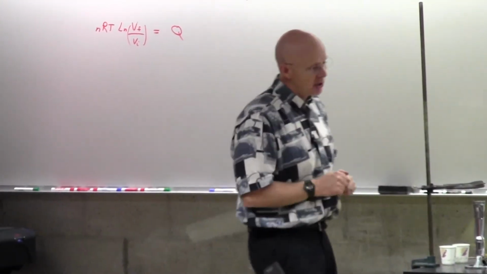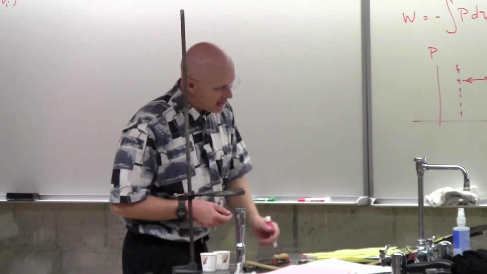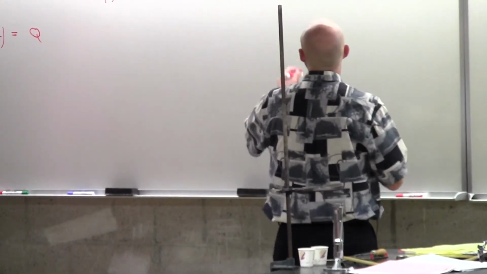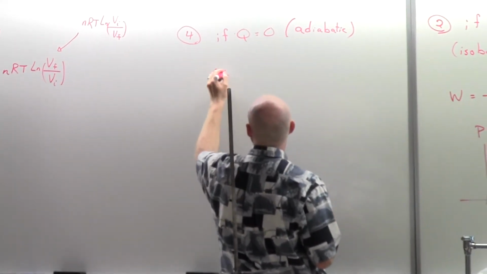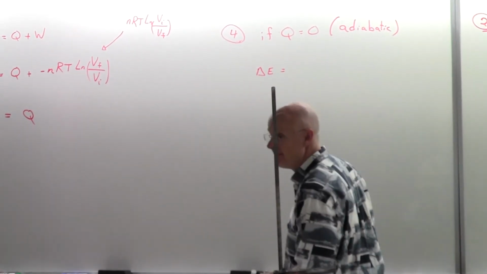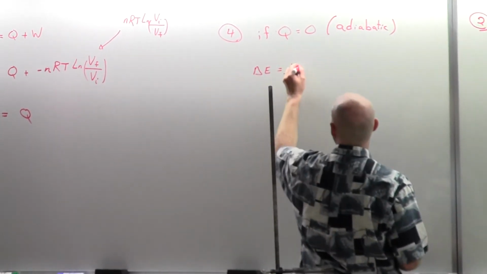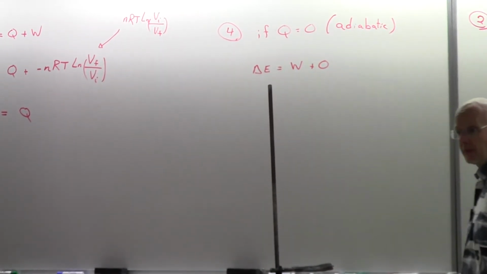So this process is called the adiabatic process. And what's nice about the adiabatic process here is that the Q being 0 means that the delta E equals what? The work. Because the Q is 0.